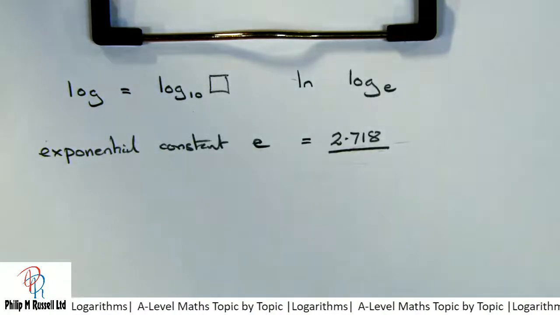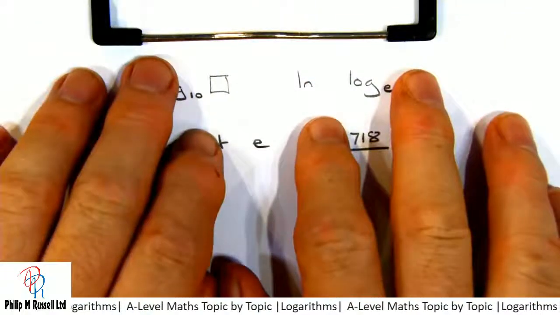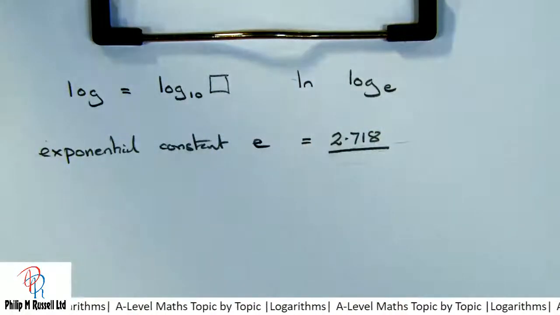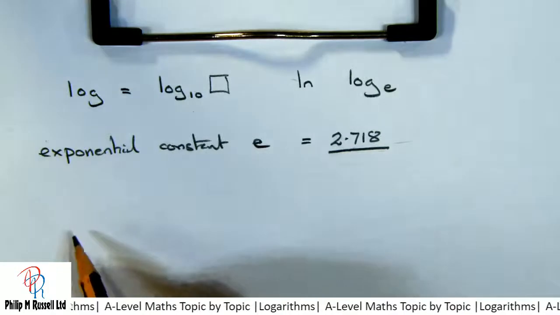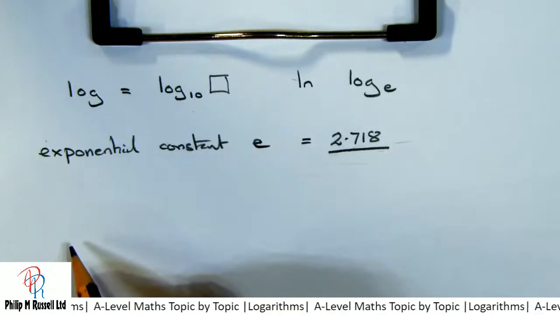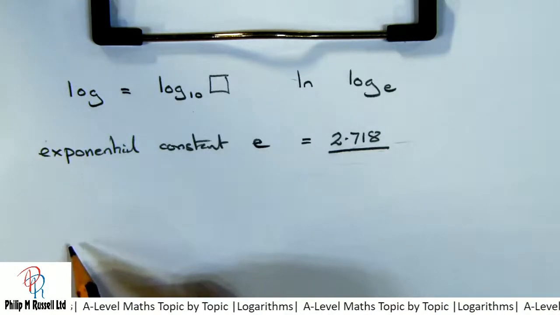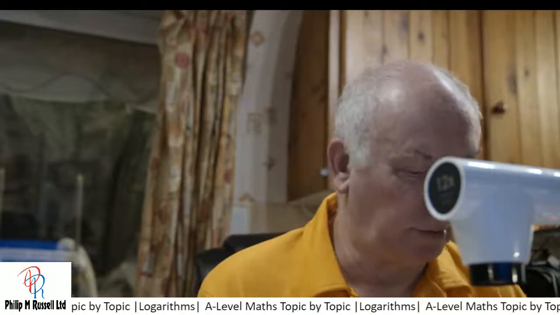Well, the answer to that one is very simple. We've got 10 fingers, thumbs, so we tend to use and count in tens. But nature doesn't have those 10. There's no reason why it should. And so it uses some other basis for how it works. And those are these things based on e, the exponential constant.